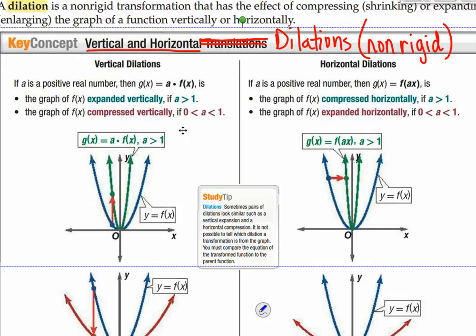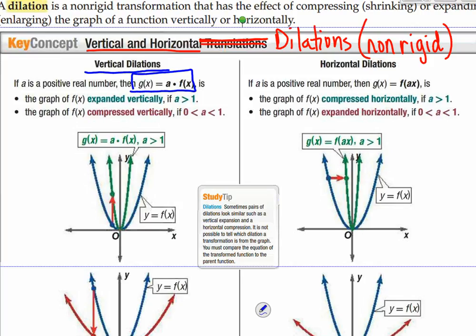So when you're writing your notes about this, this is what is happening in a vertical dilation. If we're calling it vertical, the number that we multiply is out in front of the parent function. And sometimes it's debatable whether it has to be in front or as a part of the x value.